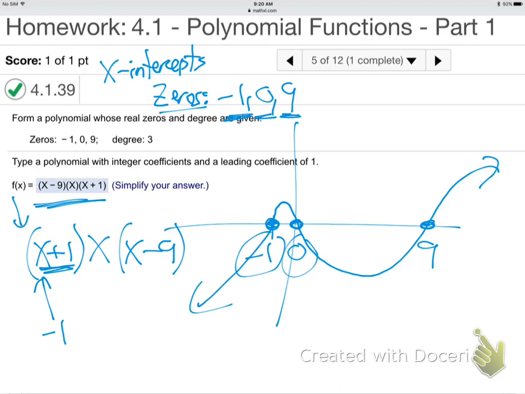And if one piece is 0, since they're all times, the whole thing is 0. Right? And if you plugged in 0 here, of course, that would be 0. If you plugged in 9 there, that part would be 0. So there we go. There's the function, with a coefficient of 1. Really, it could have any number in the front. They're just saying assume it's 1 in the front. All right, we good with that?